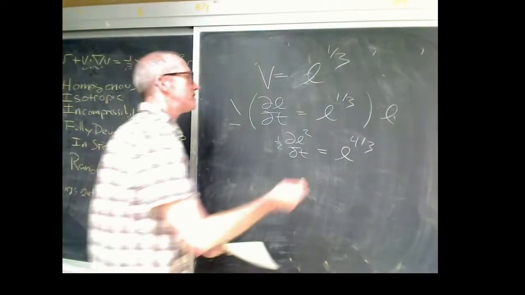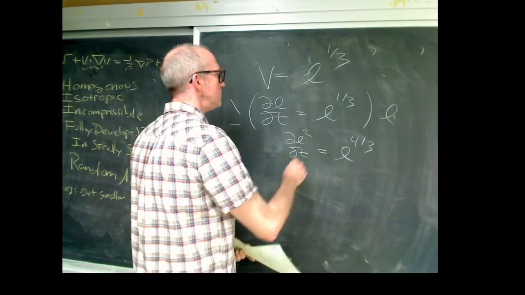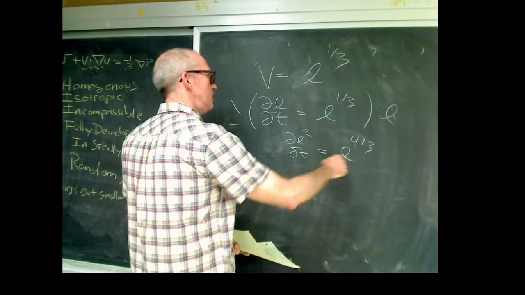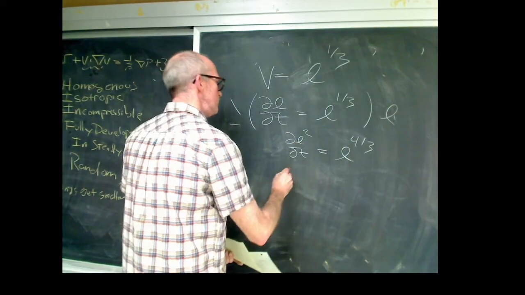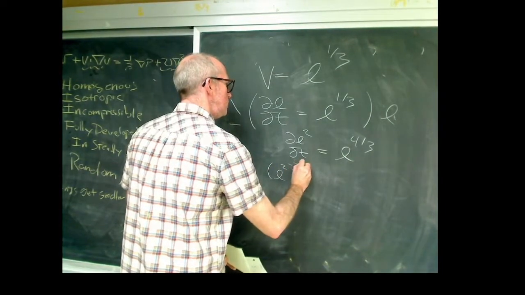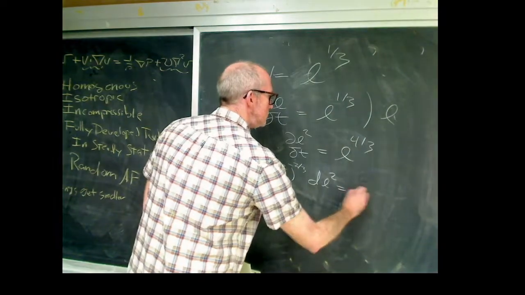Okay, solve this. L comes over here, T goes over there. We get rid of the 1/2 because I don't care about it, because I'm waving my hands fast enough that you can't see a 1/2. So this comes over here, the T goes over here, and we've got L squared to the -2/3 dl squared equals dt.